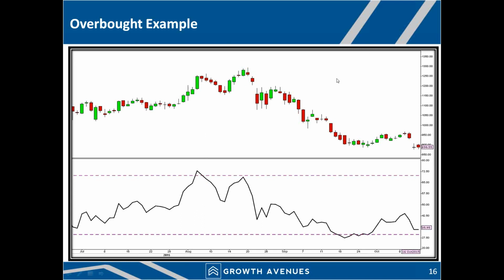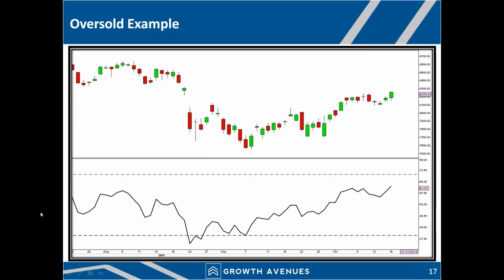Combine it with your reading of candlesticks, you get even more clarity. So that's how you've got to combine various aspects of your technical analysis to ensure that you are timing your entry and exit. Okay, this is an overbought example.